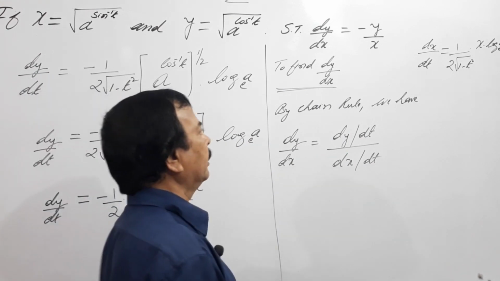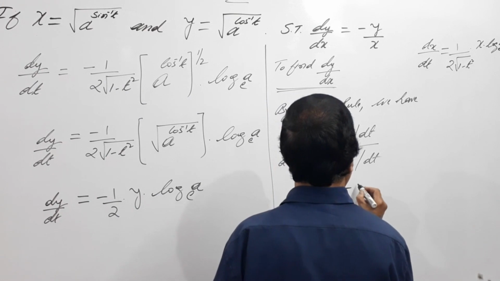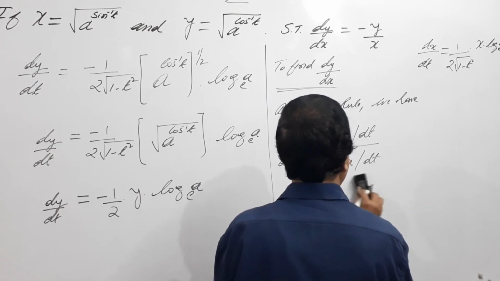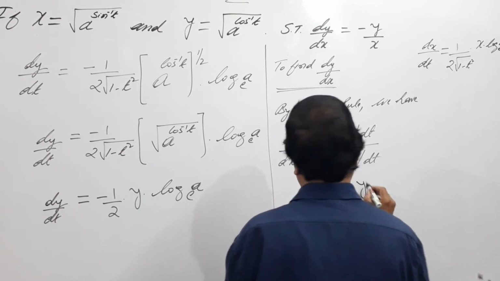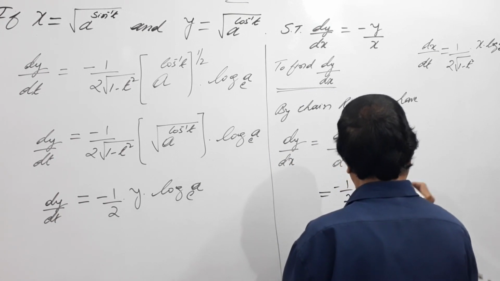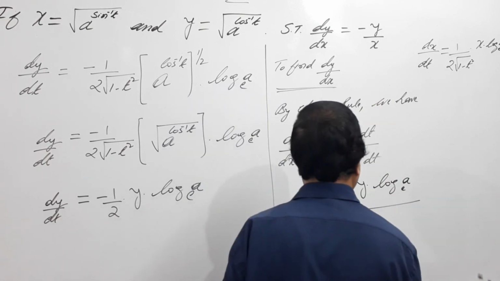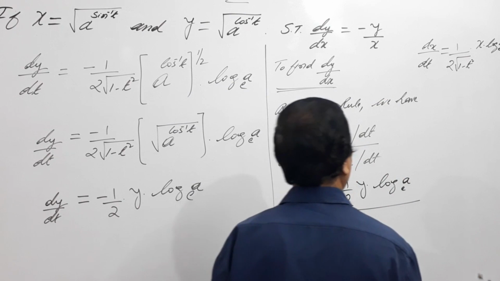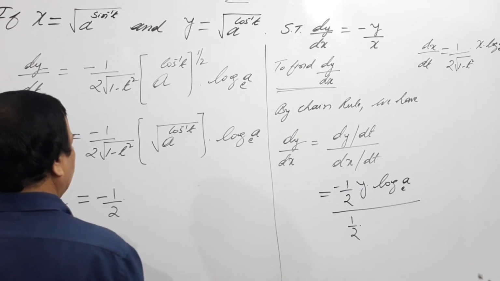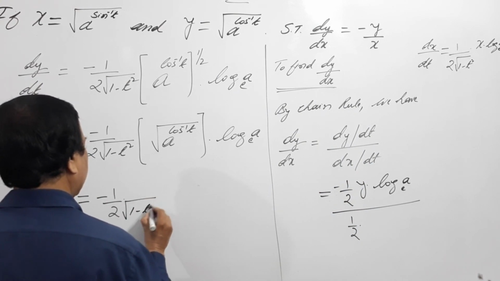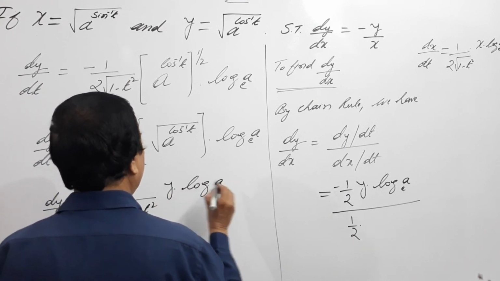So what is dy by dt? dy by dt is minus half y into log a to base e. And what is dx by dt? That is half, here we have one by under the root 1 minus t square, x into log a to base e.